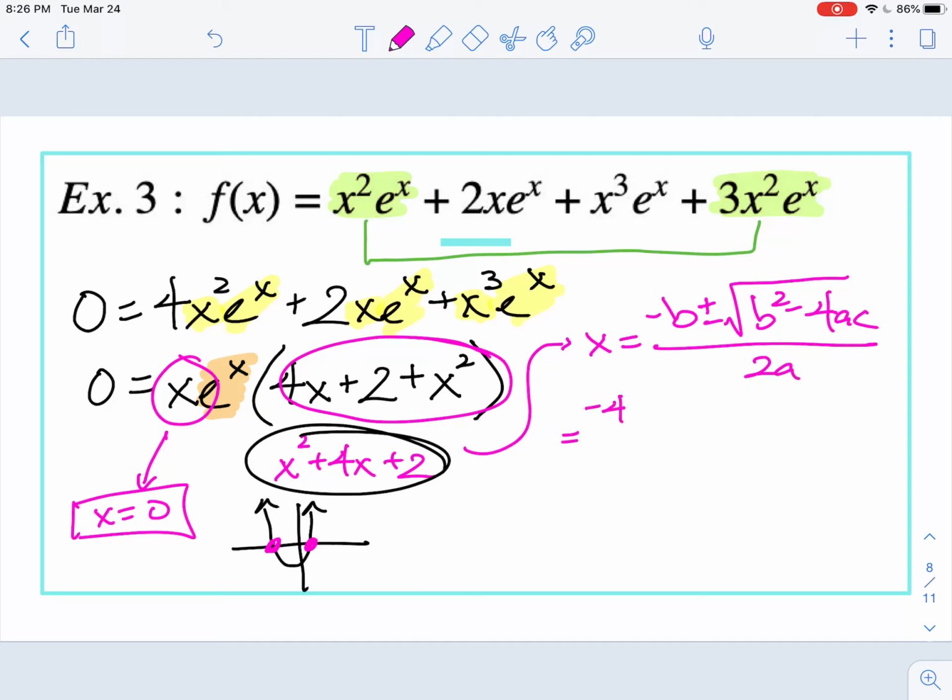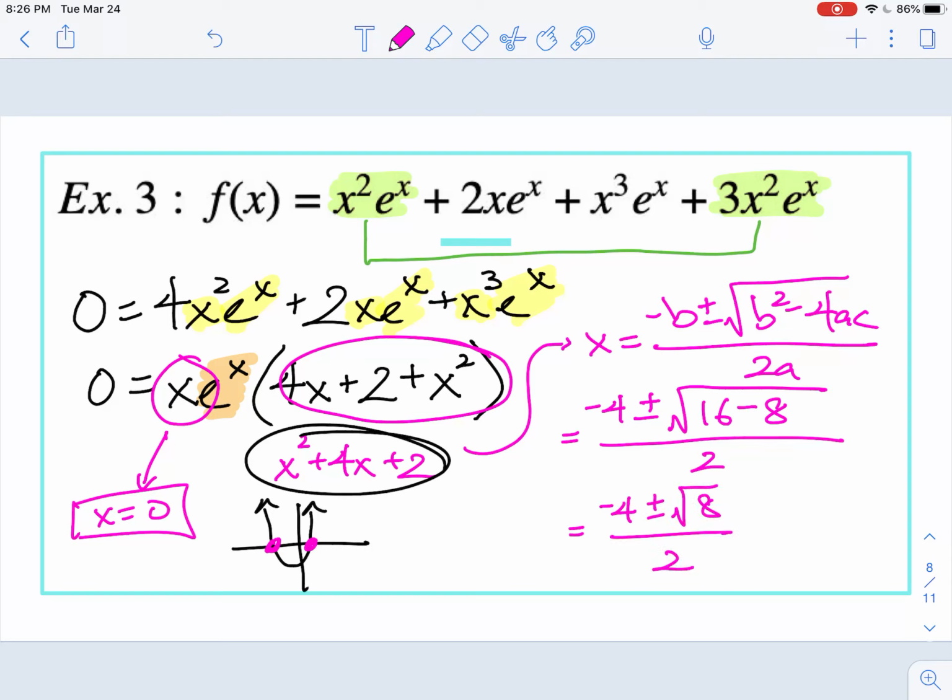Okay, I get negative 4 plus or minus the square root of 16 minus 4 times 2 times 1, which is 8, over 2 times 1, which is 2. That gives me negative 4 plus or minus the square root of 8 over 2. Now, if you turn both of those into decimals, let's see what we're going to get. We get negative 4 minus the square root of 8, and then we divide it by 2.